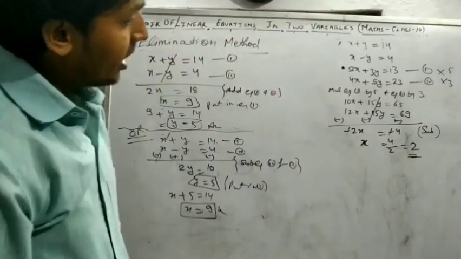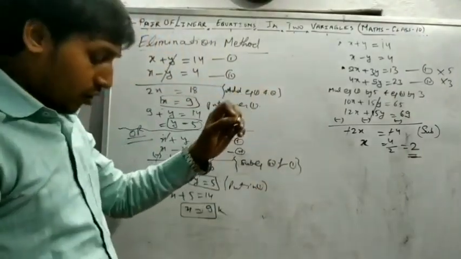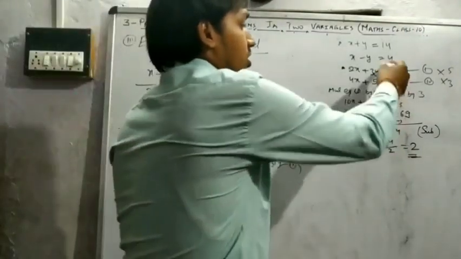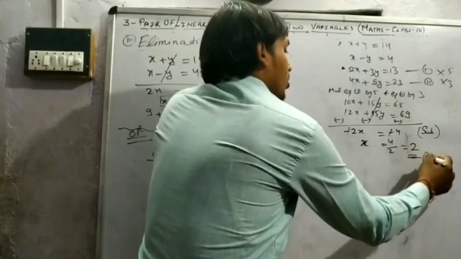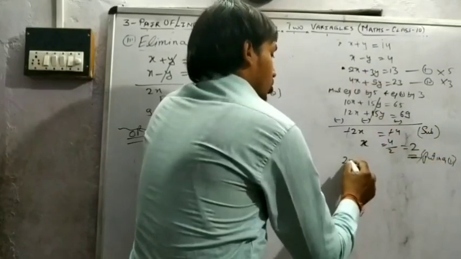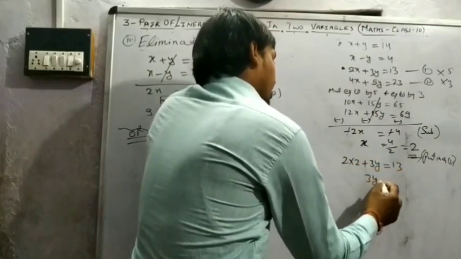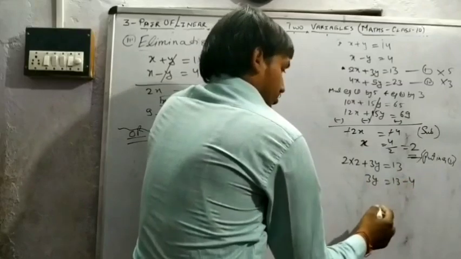Then same method, once you get the value of x, you can put it anywhere, in first or second. So put it in equation first. 2 into 2 plus 3y equal 13. 3y is equal to 13 minus 4.